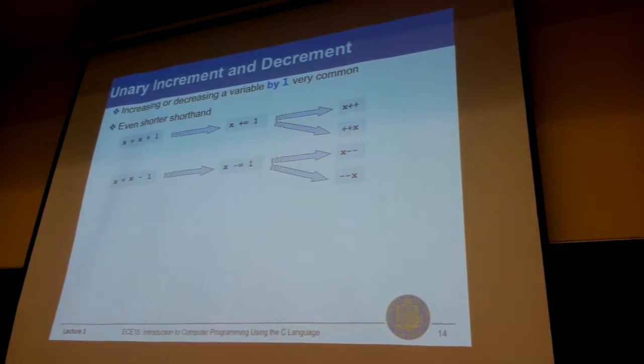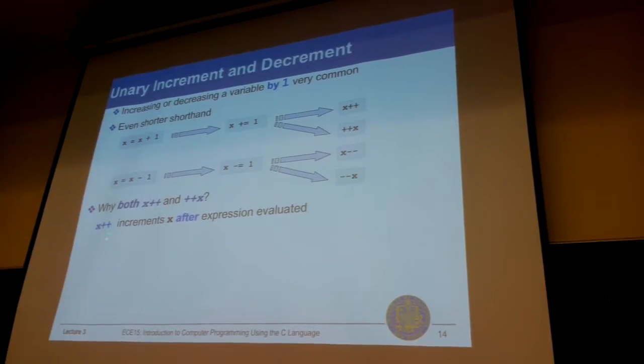So why are there two forms? Why is there this x plus plus and this plus plus x? There's a little bit of subtlety here. x plus plus increments x after the expression is evaluated. To see what that looks like, let's say you wrote some syntax like this: you have a function, and you're calling it with x plus plus.